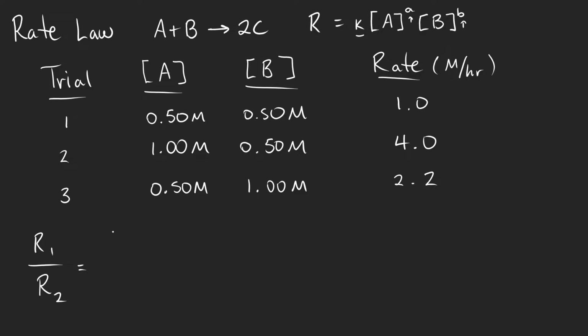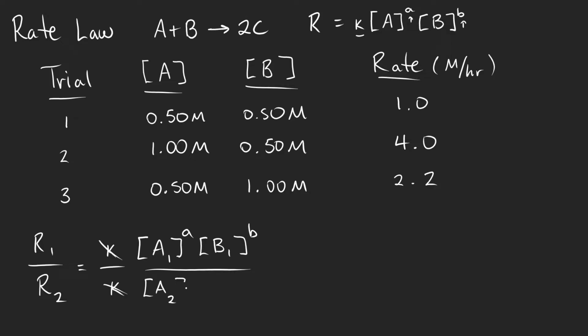So by taking this ratio, what happens is that the proportionality constants actually cancel out. And so what we're left with are just the concentrations of each of the reactants, right? So we have A, 1 to the A power, times B, 1 to the B power, and then divided by A, 2 to the A power times B, 2 to the B power.